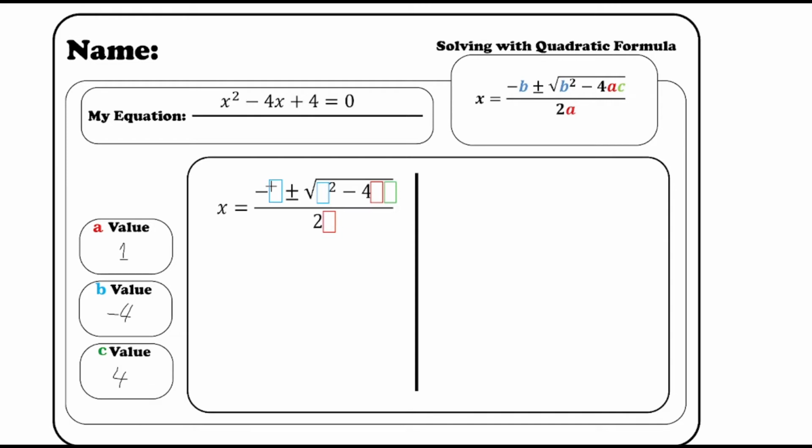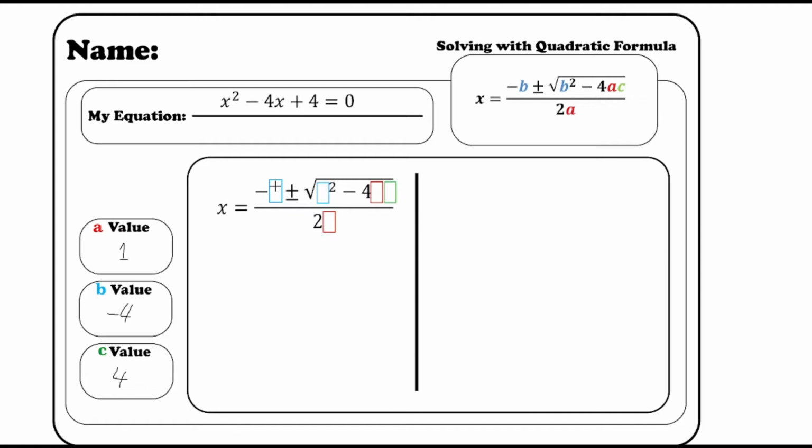Okay? So, again, input natin siya dun sa quadratic formula. So, yung quadratic formula, ayan, nakalagay sa top right corner. X is equal to negative b plus minus the square root of b squared minus 4ac all over 2a. So, input lang natin sa yung color-coded box.